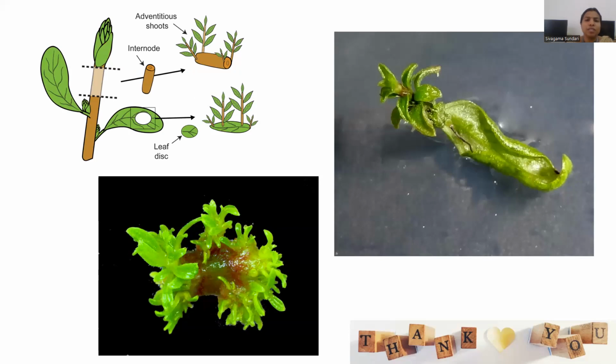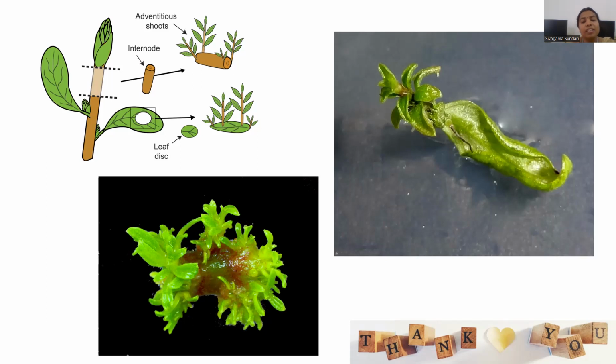Okay, students. So from this video, I hope you understood what is meant by micropropagation, the importance of micropropagation, the advantages of micropropagation, and the techniques involved in it. You can use the meristem tip as an explant to initiate your plant tissue culture, and buds in the axis, both in the elongate plant and in the rosette plant. You can take it as an explant to initiate the culture.